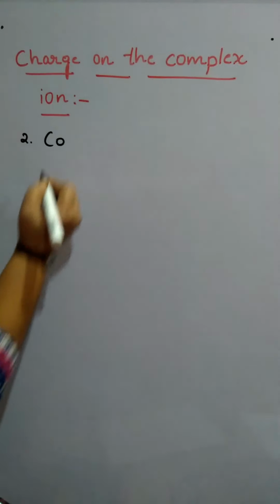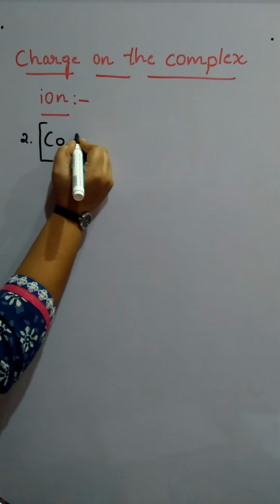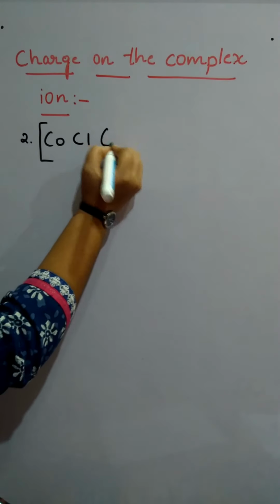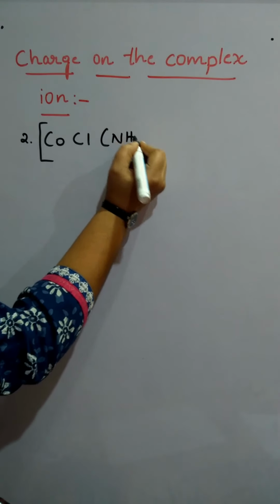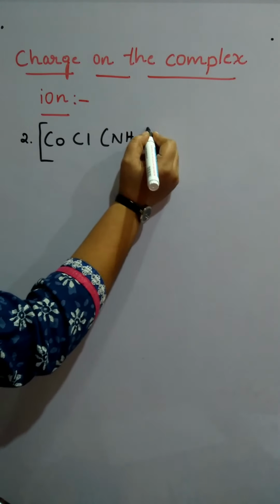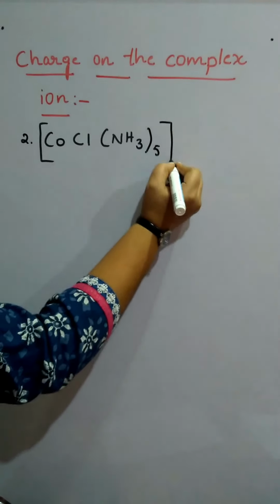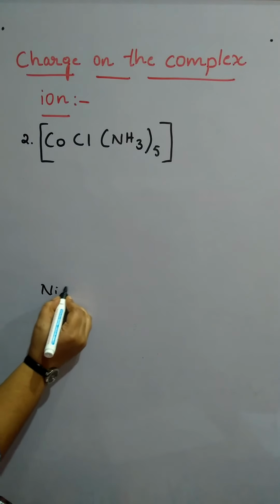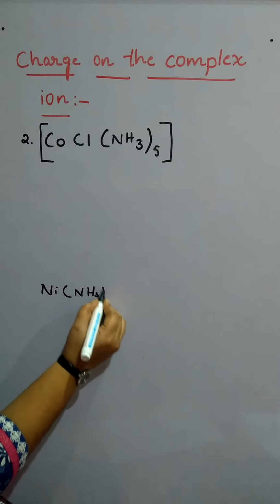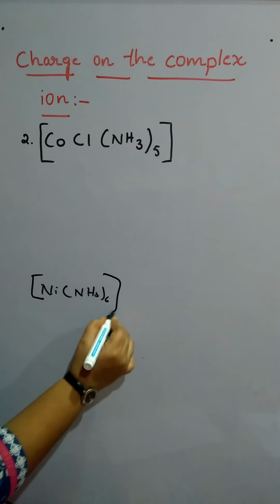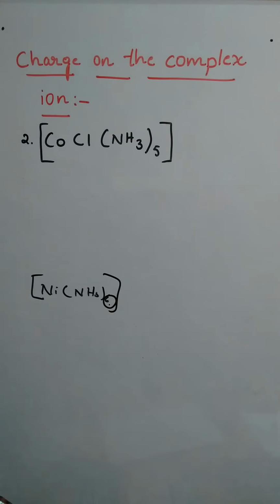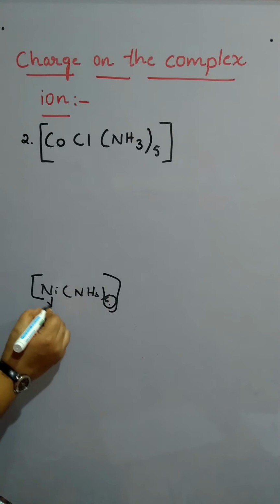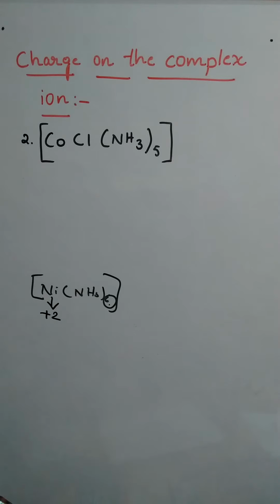It is cobalt. You may have a doubt how I wrote +2 for nickel. You should remember that if nickel is forming a coordination number of 6, then it will always be in the +2 state.